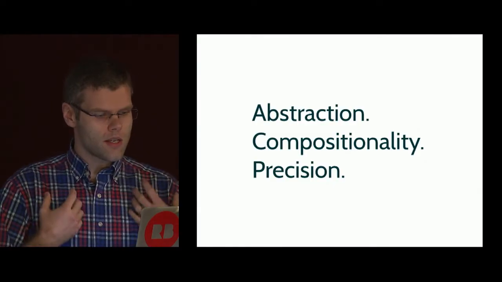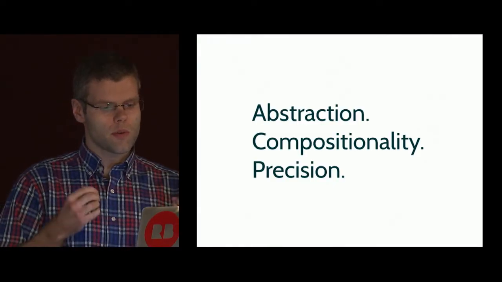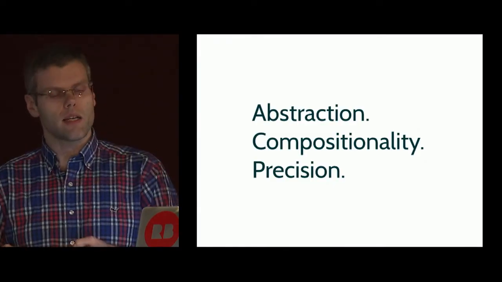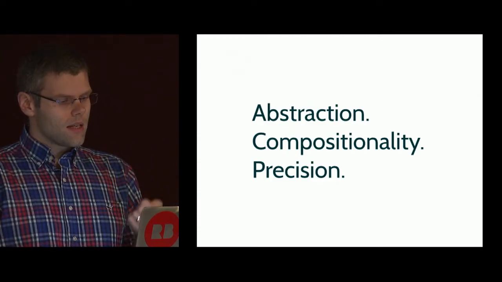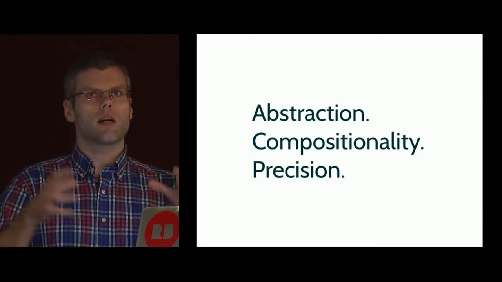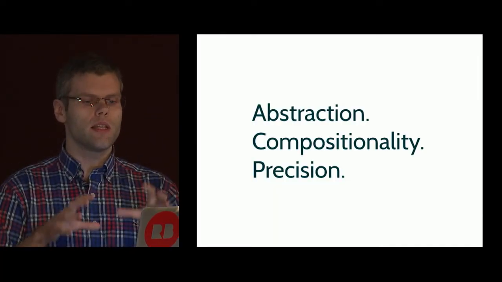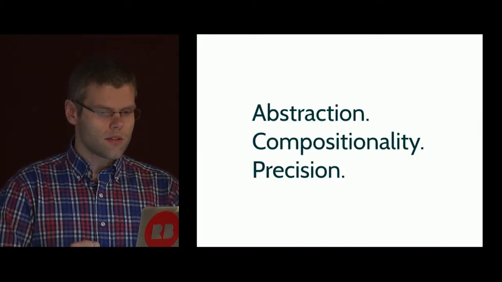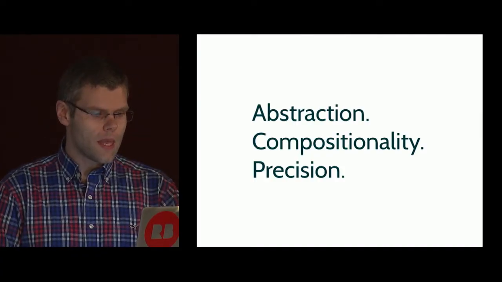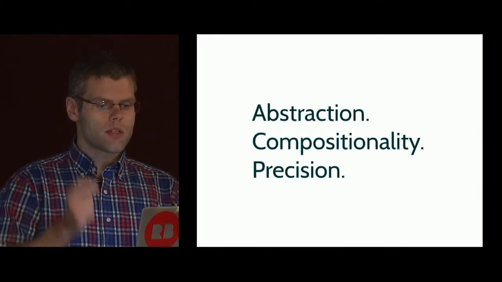So my point here is that we want to choose representations that are sufficiently abstract, or sufficiently indirect, because abstraction buys you compositionality, and failing to be abstract enough creates a barrier. So you detonate too early. But abstraction also buys you precision.